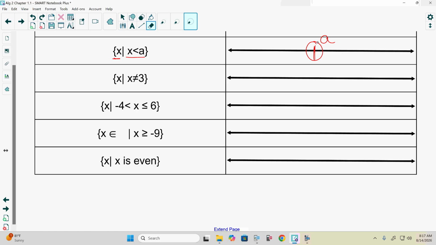Now, it's not equal to it, but we want all the points, all the numbers, less than it. So graphically, this is all it's saying. The set of all real numbers X such that X is less than A, so all the points less than A. Yeah, it could be 7, so we're saying all the points, or all the numbers less than 7. That's it.